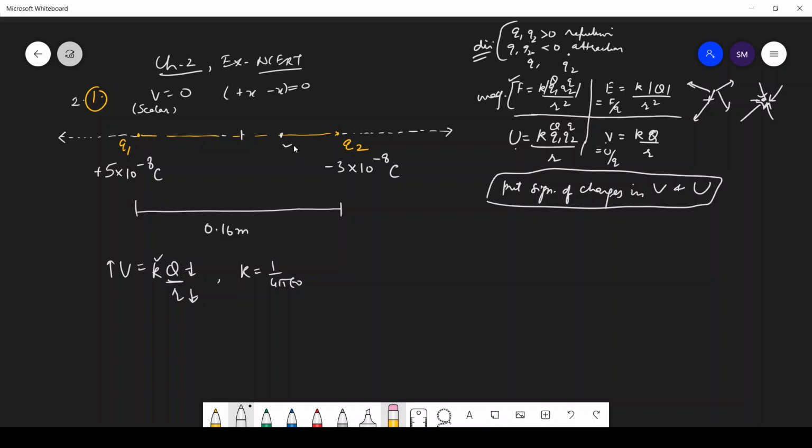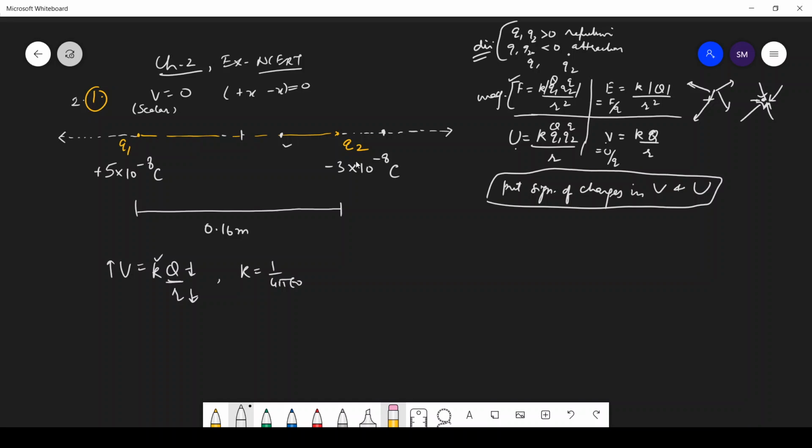Now the next thing is that here also we will get another chance on this side of the smaller charge. So here this V will be positive and this will be negative, but this is near, so R is lesser, so V will be more here.